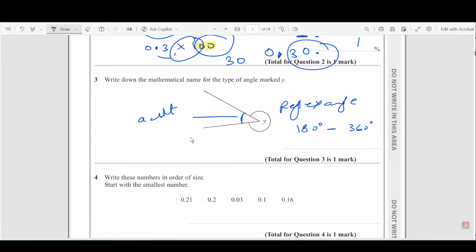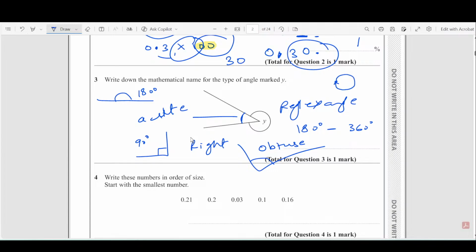Angles of exactly 90 degrees are called right angles. Angles greater than 90 but less than 180 are called obtuse. A straight line angle is 180 degrees, and a complete angle around a point is 360 degrees. An angle between 180 and 360 is called a reflex angle, like this one. Angle y is a reflex angle here, right?